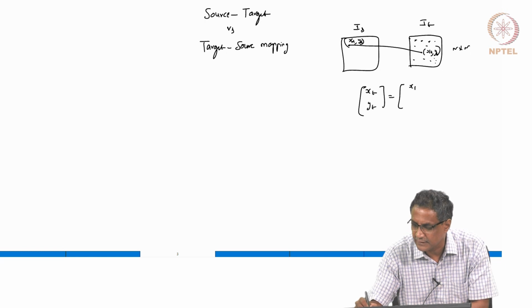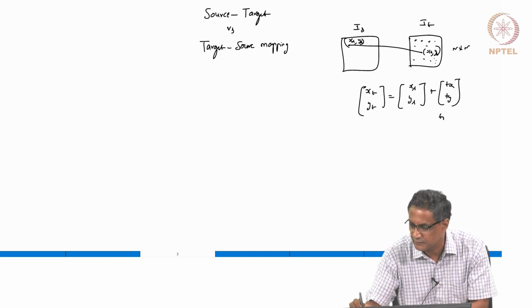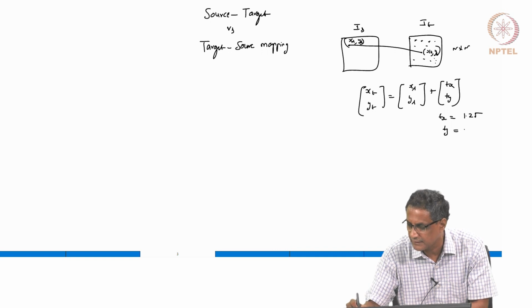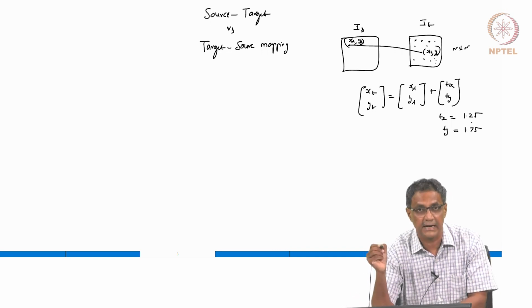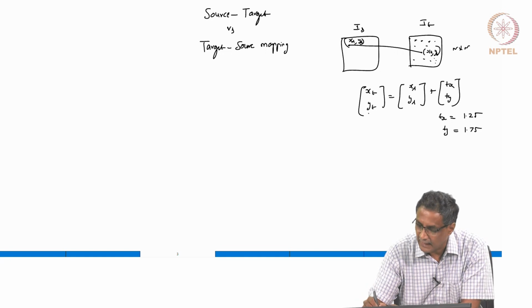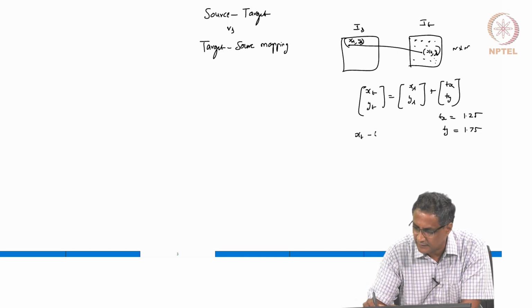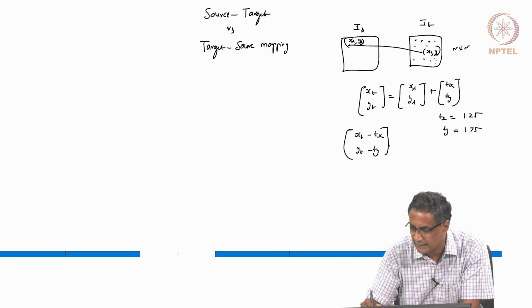Let's say I had xs, ys, and then plus some tx, ty. And suppose I knew by some means that tx was, let's say, 1.25 and ty was, whatever, 1.75. Then what it will mean is I will subtract this from xt and yt. I will kind of take it to the other end.